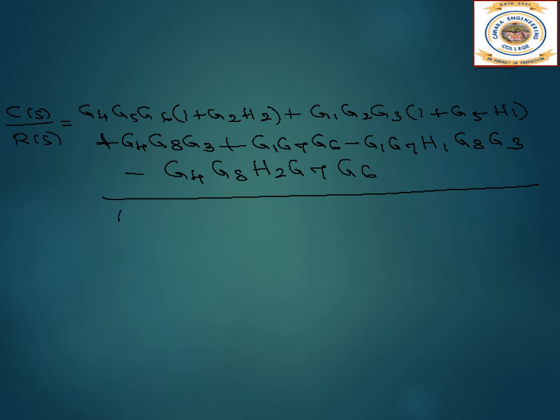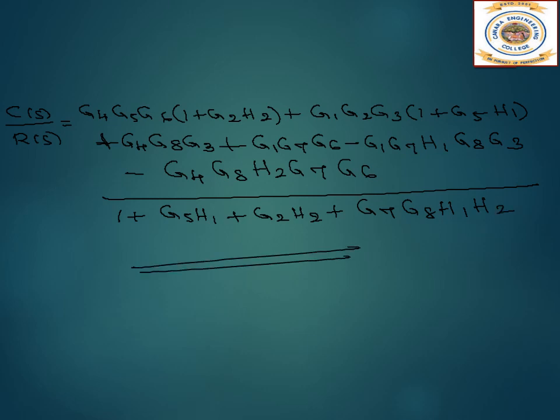Denominator is delta, so 1 plus L1, G5 H1, plus L2, that is G2 H2, and plus L1 L2, that is G7 G8 H1 H2. So this is the transfer function.